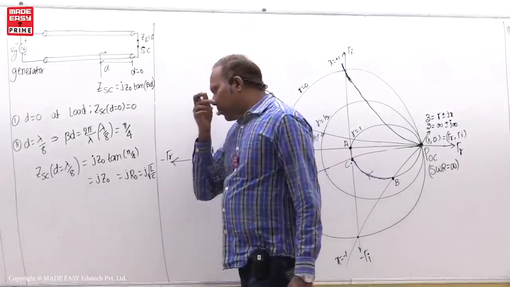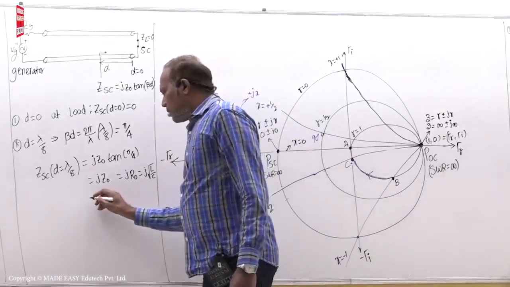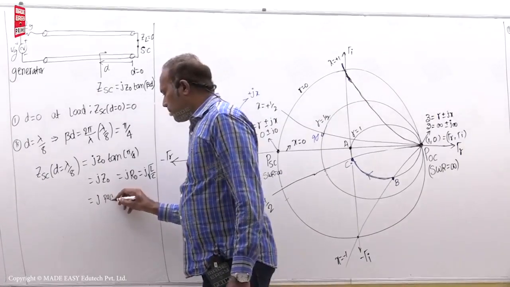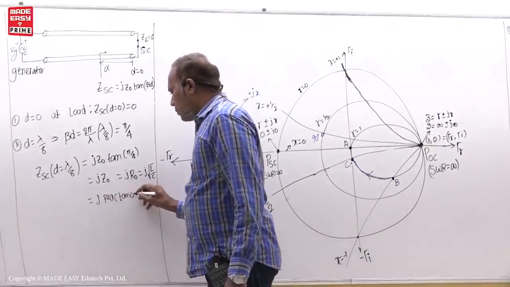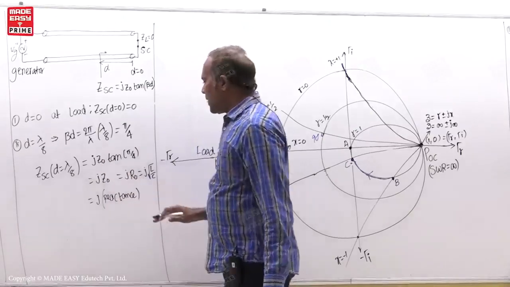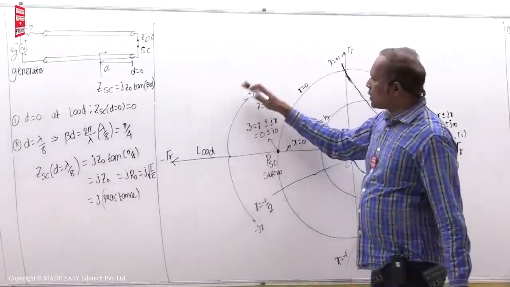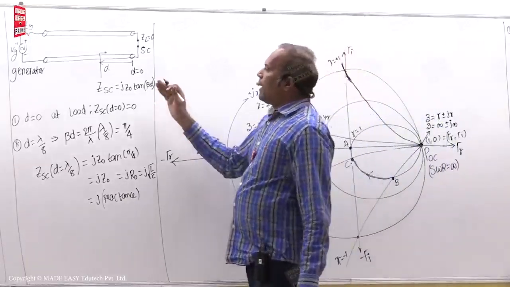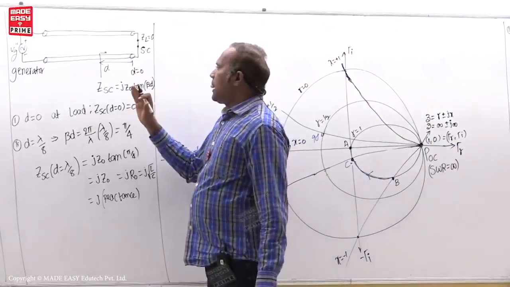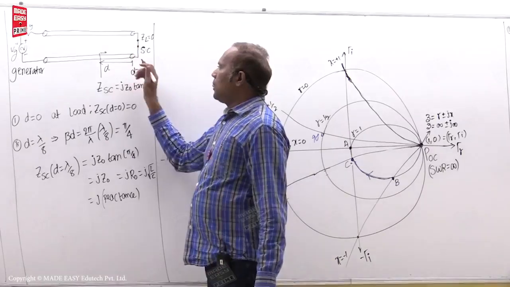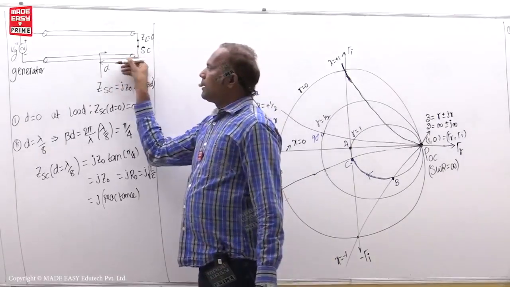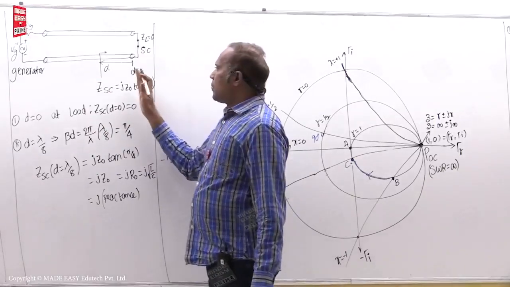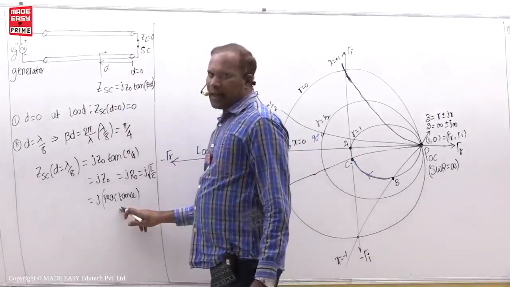So this is plus Jx or minus Jx, this one. So this is nothing but positive reactance. So that means positive reactance is coming for top side or bottom side? Top side. That means on the transmission line, you are going from load towards the generator, means your impedance is going from 0 to the positive reactance side.